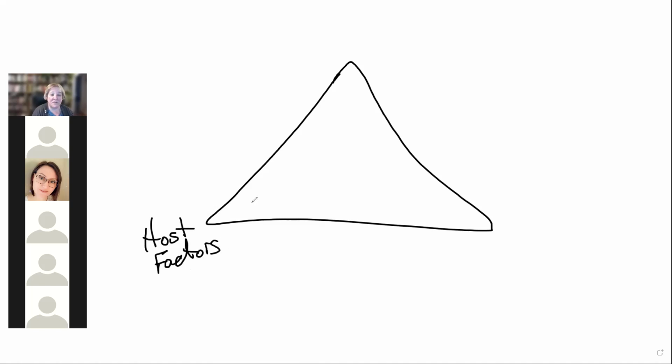For the purposes of this, go ahead and read in the textbook about the different host factors, but I'll be honest, I'm more interested in things like age. If you're very young or very old, your immune system tends to not be as good as for, say, young adults or even middle-aged adults.